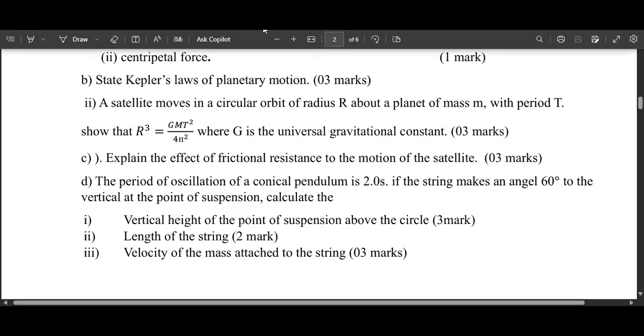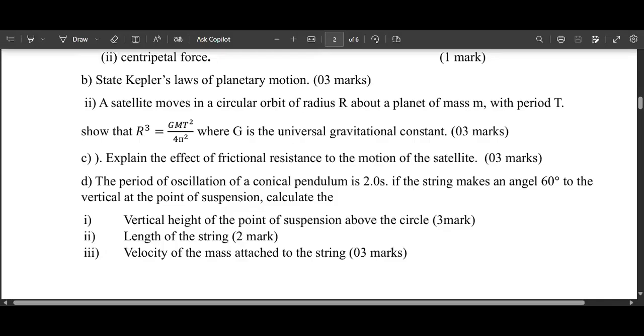Now for this part here, we shall begin by remembering Newton's gravitational law, which states that F is equal to G, mass of one body times mass of the body that is moving around, divided by r squared.